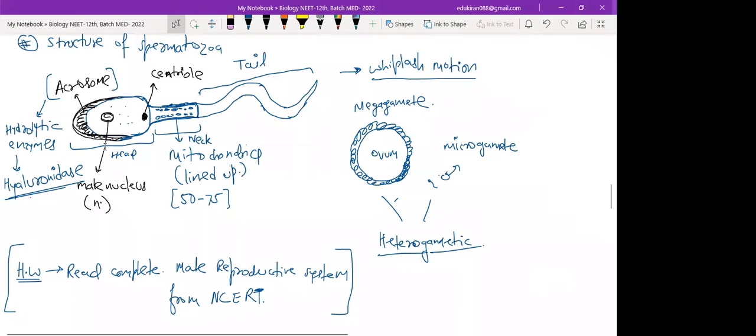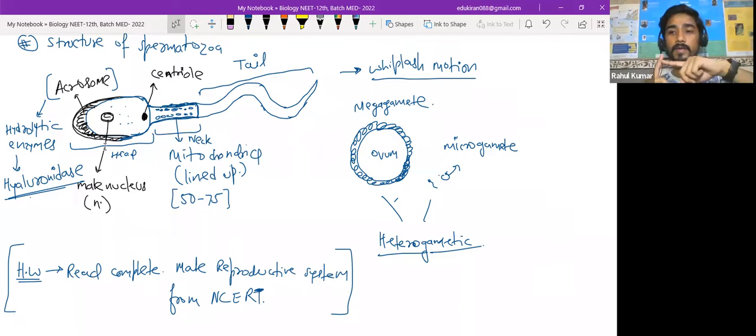There are many enzymes in acrosome. I told you that just like a pollen-pistil interaction, there is a sperm and egg oocyte interaction where they both recognize each other. For that also there are enzymes in acrosome, but the most important enzymes that work first are the hydrolytic enzymes that basically break down the covering, the layer around the ovum, and make the sperm reach the membrane in order to fertilize the ovum.